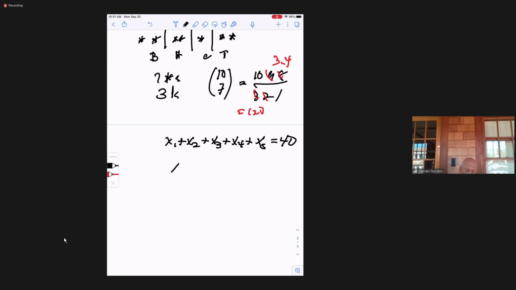I require that x1 and x3 be greater than or equal to 3, and all xi are positive. So this is really a stars and bars problem as well, with positive integers.